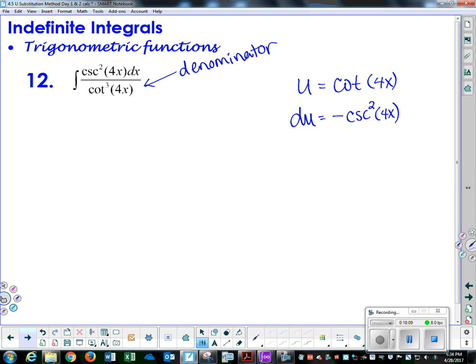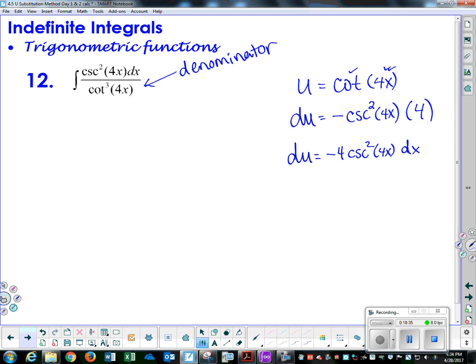And then when I take this derivative, that was the derivative of just cotan. Now we also have to do the chain rule, which gets us an additional 4 there. So the derivative of 4x becomes 4. So my du is going to equal negative 4 cosecant squared of 4x. And I'm not going to write the dx down there. I'm going to swing it up and over.